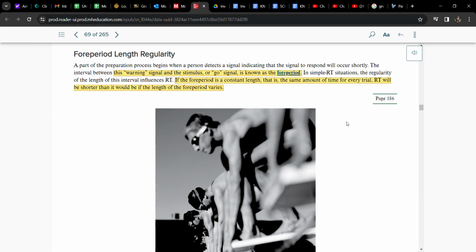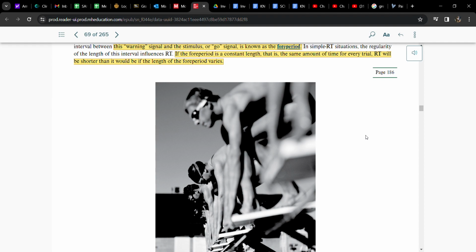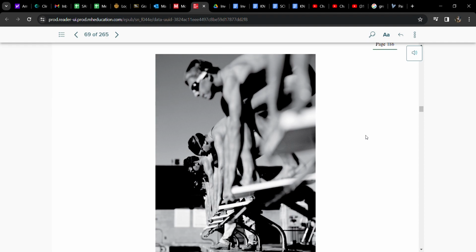So if we think about this swimming example, there's going to be a ready and then a go, or a gunshot or something like that that forces a person to start moving. If you know that's consistent every single time, eventually you're going to be able to predict when that's happening, and you're going to get better at doing that. But if I said 3, 2, 1, go, but I waited a different period of time each time before I said go, your reaction time will change and eventually increase because you're going to take more time to predict when that's going to happen.